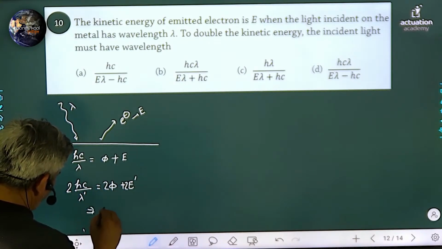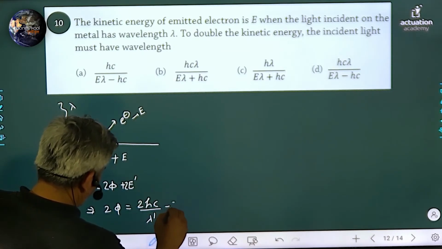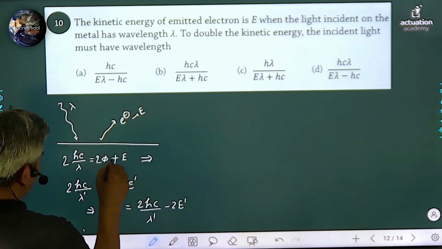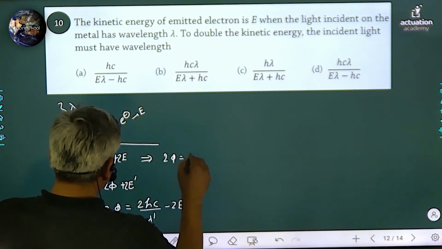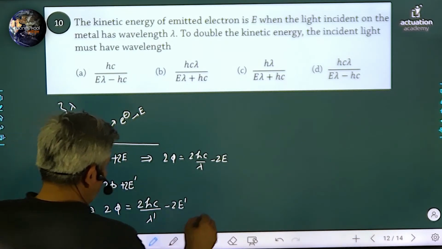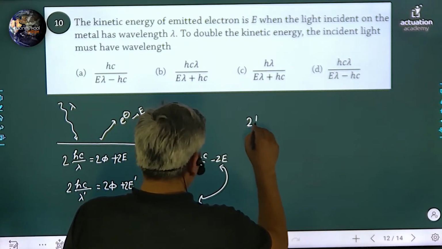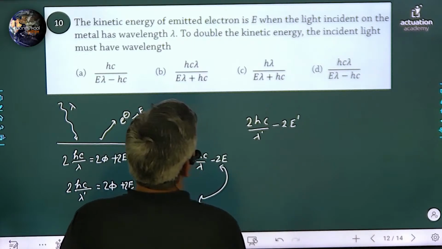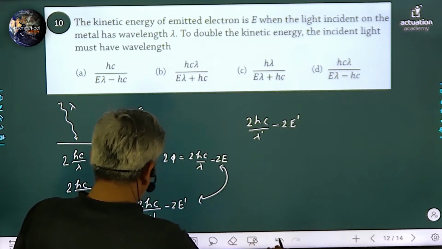Then from here we can write 2 phi is equal to 2 hc by lambda dash minus 2 E dash. From here, 2 phi can be written as 2 hc by lambda minus 2E, and both must be equal. These two must be equal. So we can write 2 hc by lambda dash minus 2 E dash.